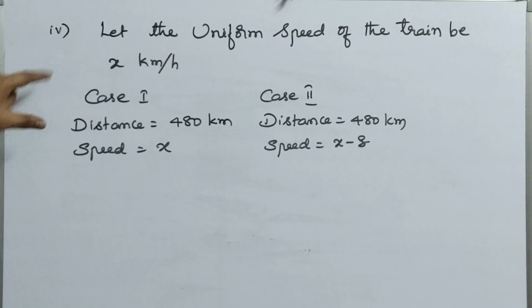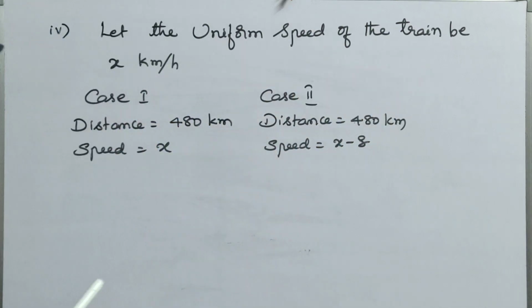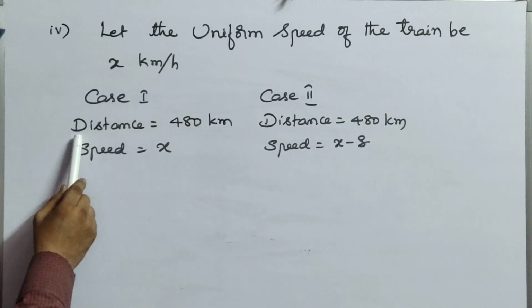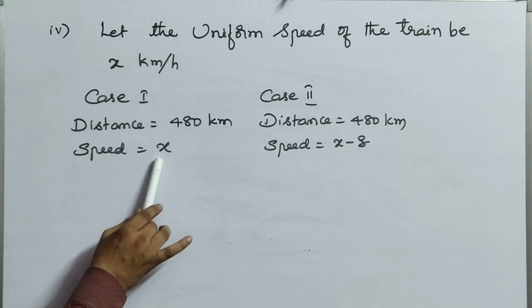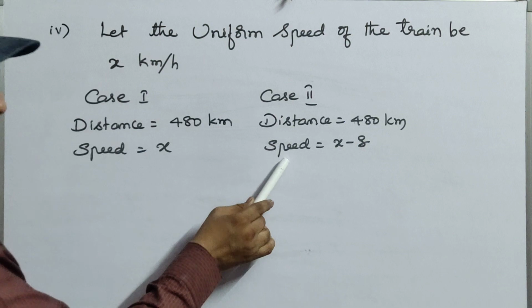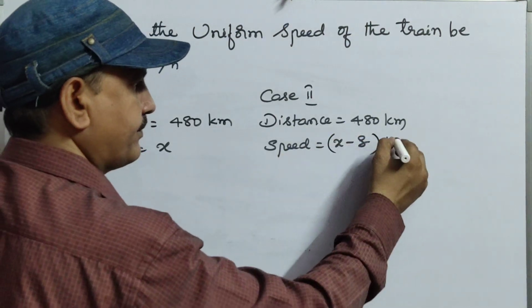To save time I wrote here: let the uniform speed of the train be x kilometers per hour. In case 1 and case 2, distance is 480 kilometers, speed x as we have taken, but in case 2 it was reduced by 8 kilometers per hour.